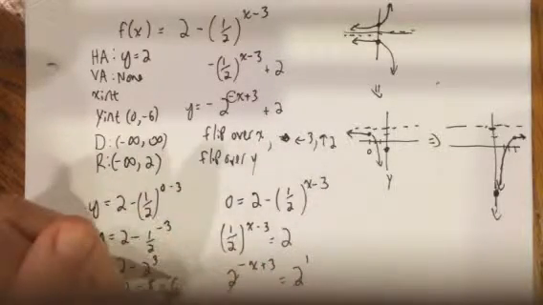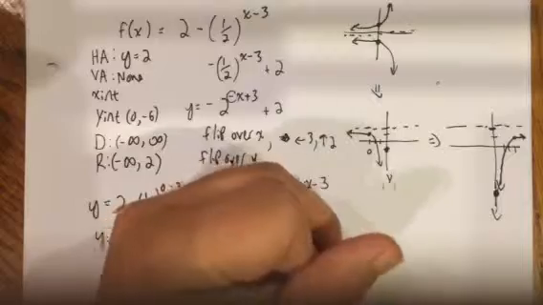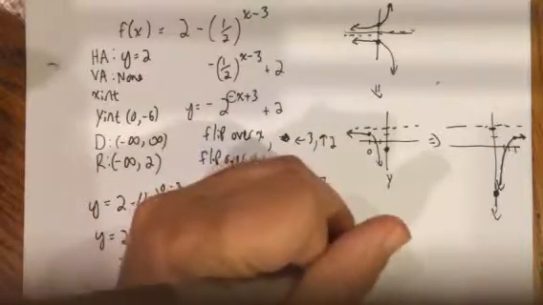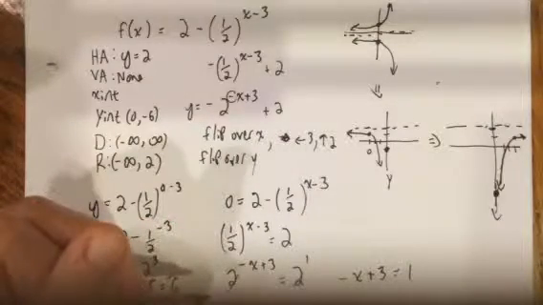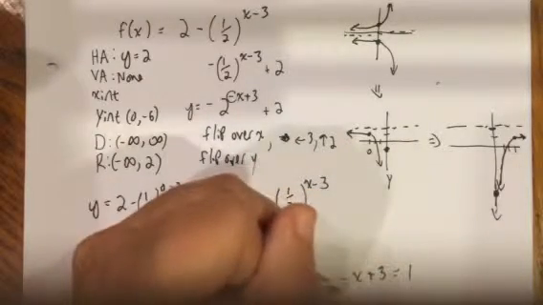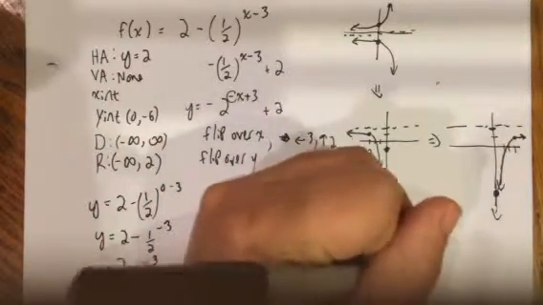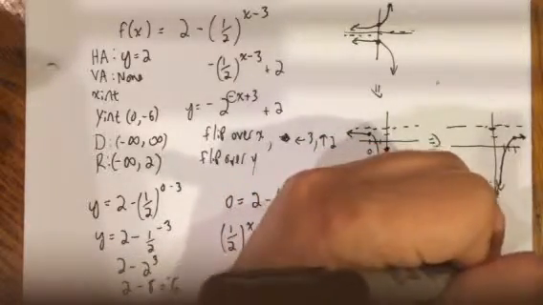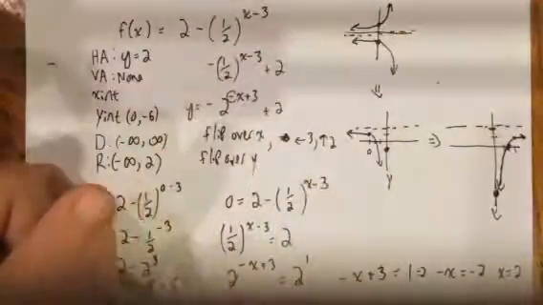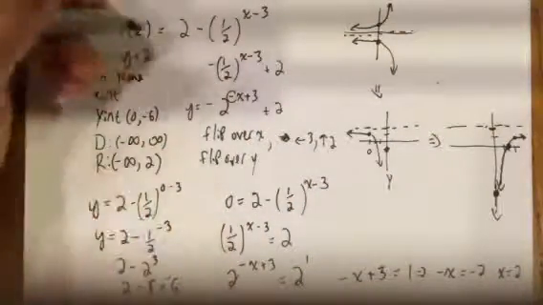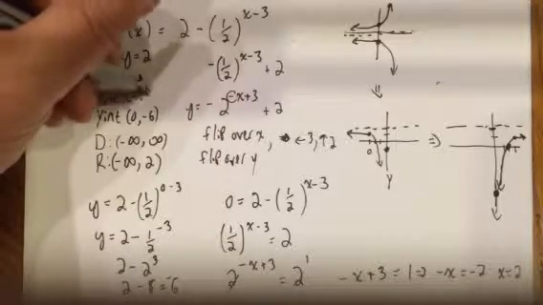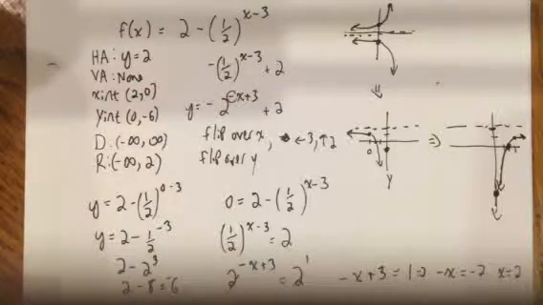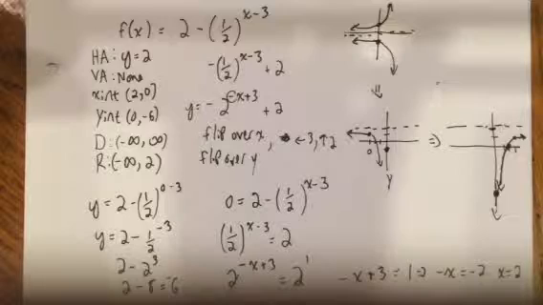So that part's already the same. Just need to make my exponents equal and solve from there. So subtract 3 and divide by negative. So negative x equals negative 2, x equals 2. Which, yeah, kind of looks like it goes through there. So I think I did pretty good with my graphing that time. And that was pretty hard, but that's also about as hard as it can kind of get.